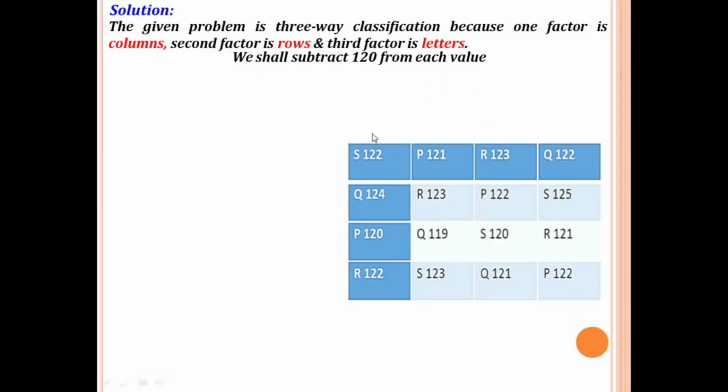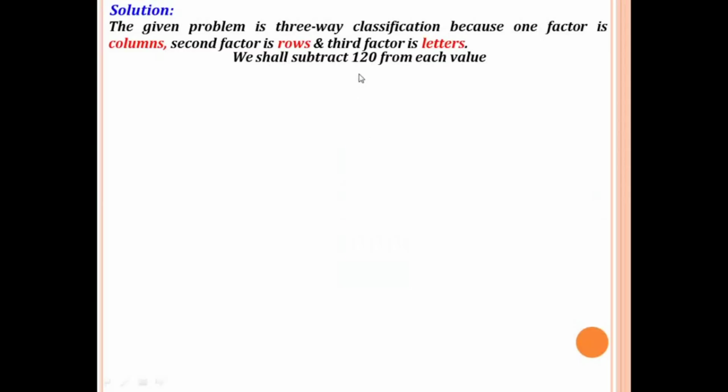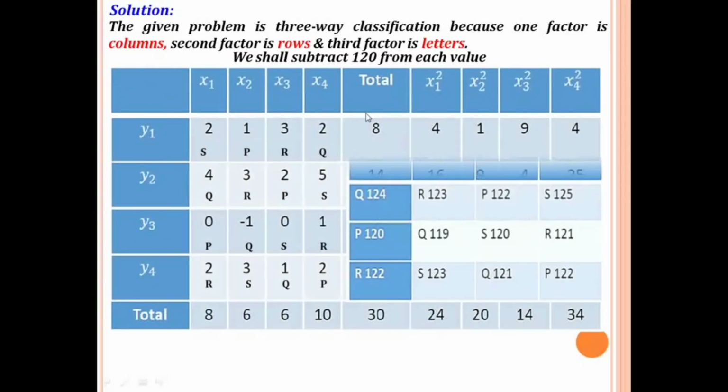For example, 122 minus 120 gives 2. Similarly 121 minus 120 is 1, and so on, and we get these four values. Once we get the x1, x2, x3, x4 values, we add the four values.